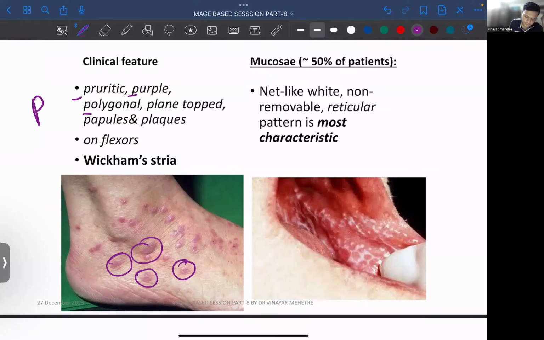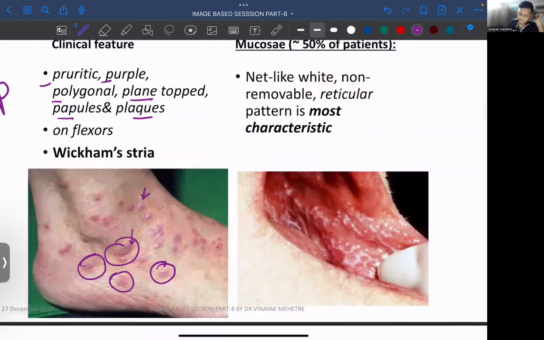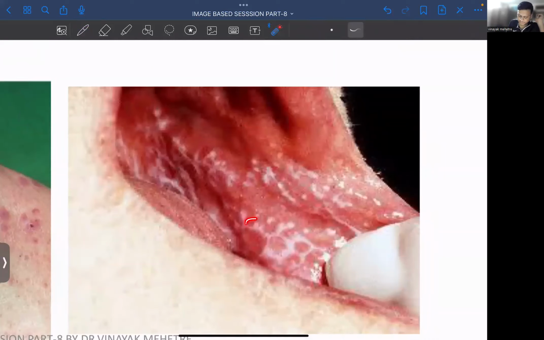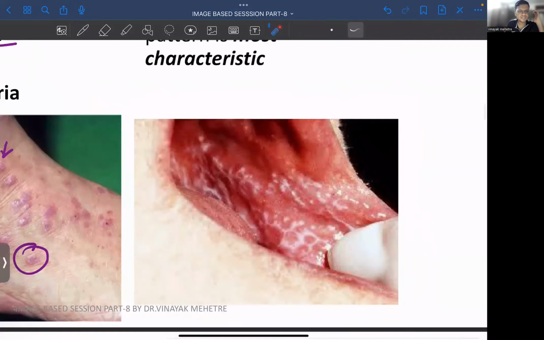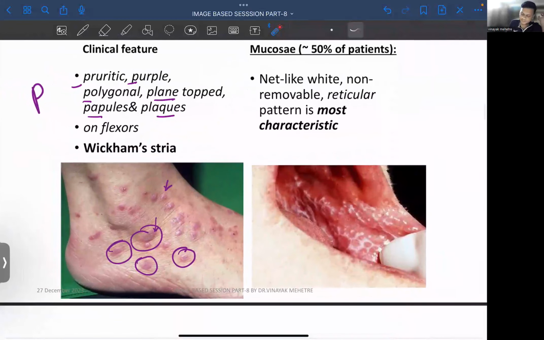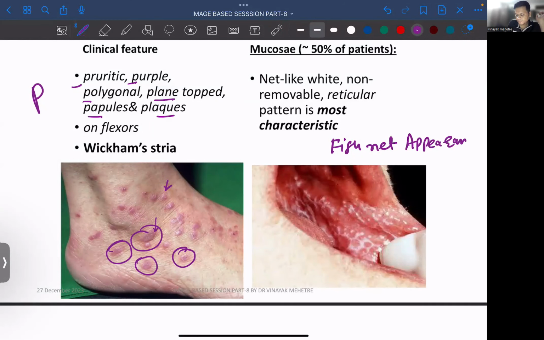Pruritic, purple, polygonal, plain topped papules and plaque. Both papules and a big plaque will be present. Whosoever has used dental amalgam will have a net like structure, which we call fishnet appearance of oral mucosa.